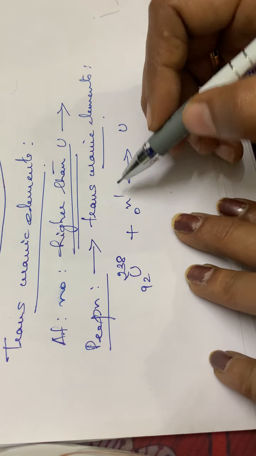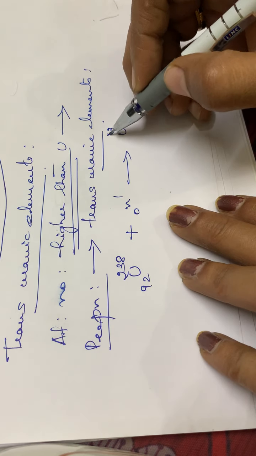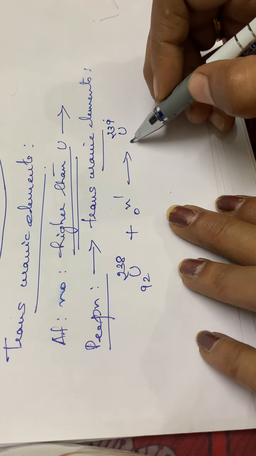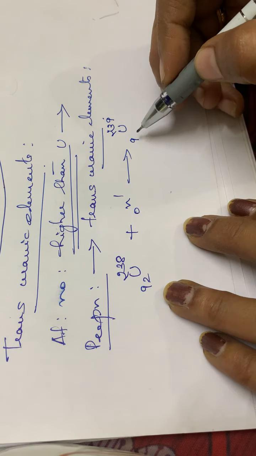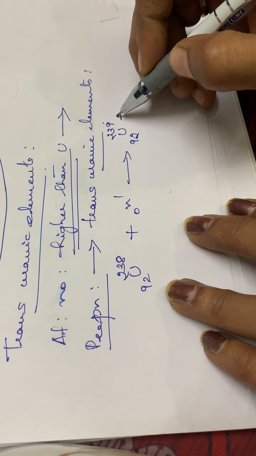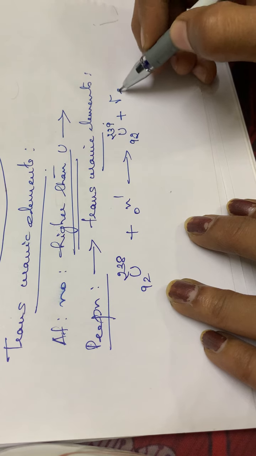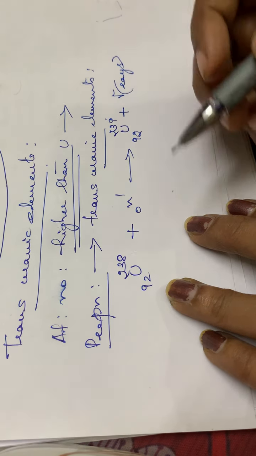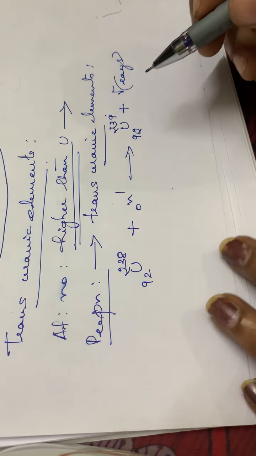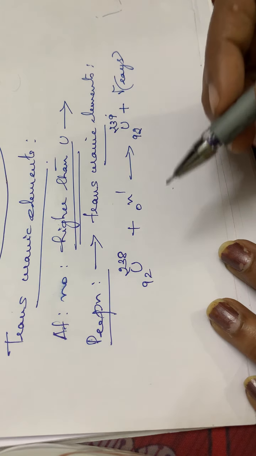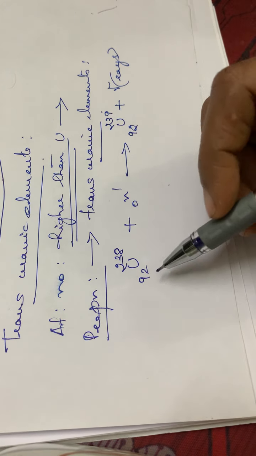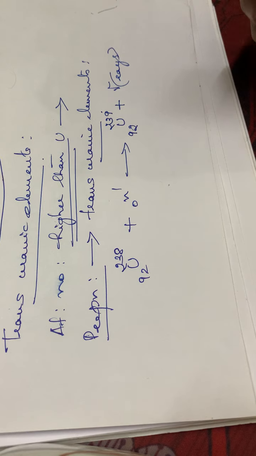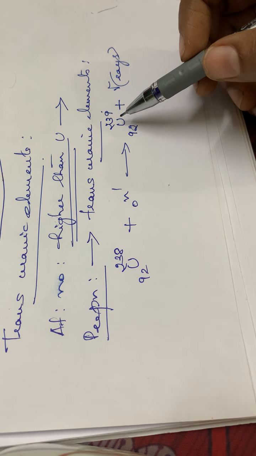Here 238 plus 1, so the formed compound will be 239. The atomic number has no change, 92 plus 0, so it is 92, plus gamma rays will be emitted. So uranium 238 is converted to uranium 239, another isotope of uranium. The atomic number is the same, the mass number is different, so it is an isotope of uranium.